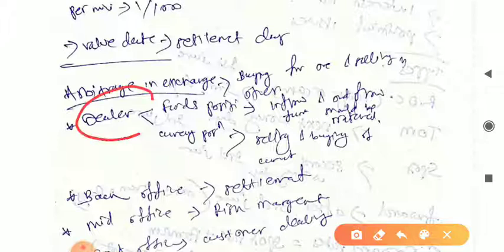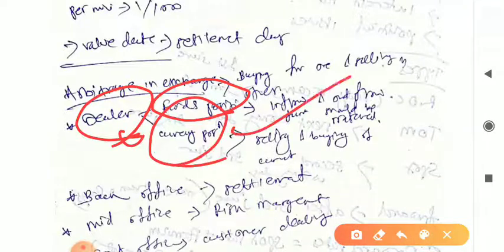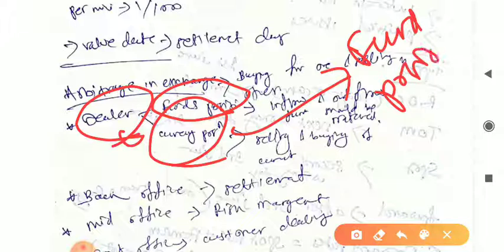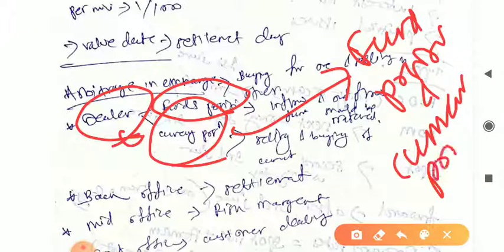And next one will be dealer. In case of dealer, there is fund positioning and currency positioning. So two types, fund positioning and currency positioning, right?